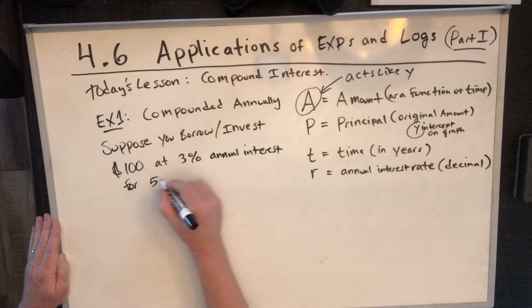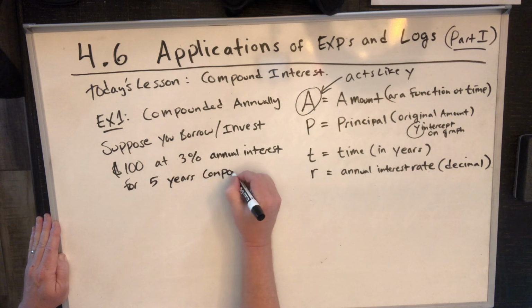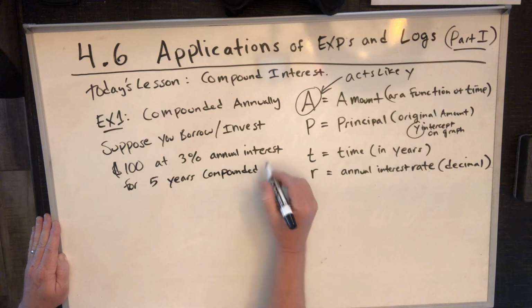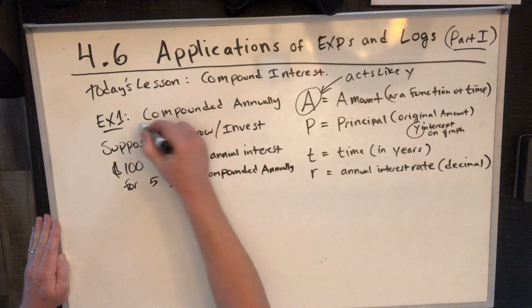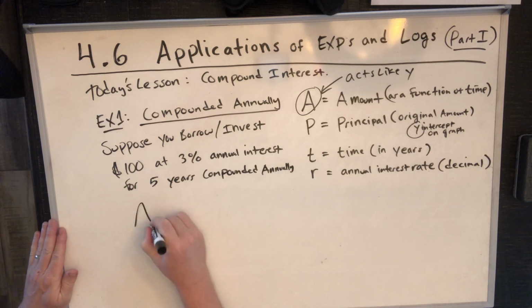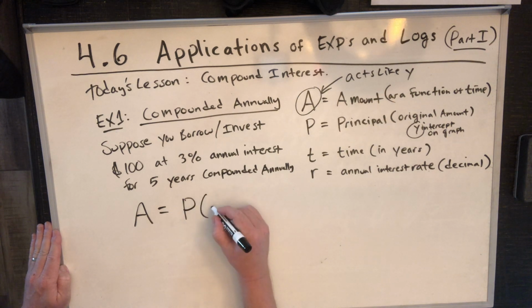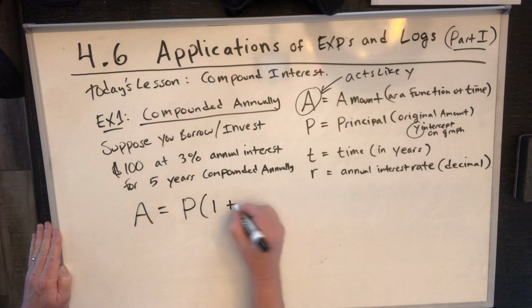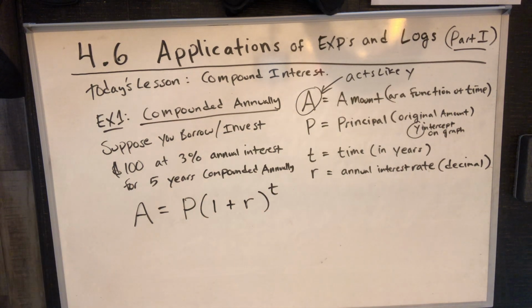For 5 years. Compounded annually. Then the amount that you would owe after 5 years would be the principal times 1 plus the interest rate raised to the t power.